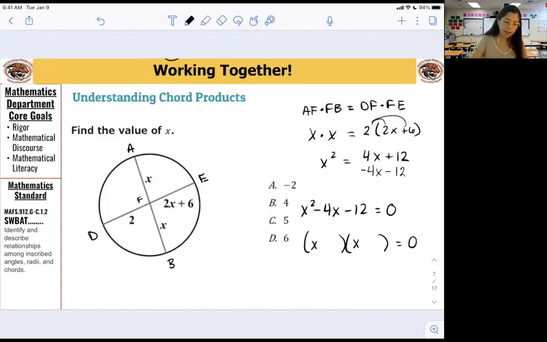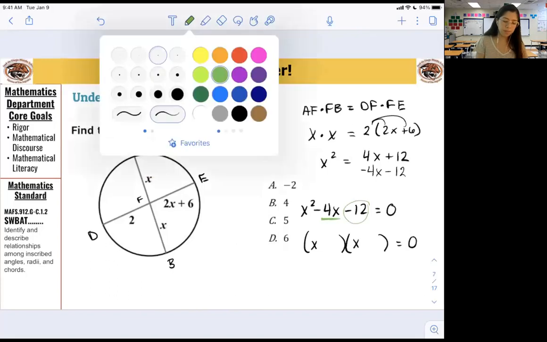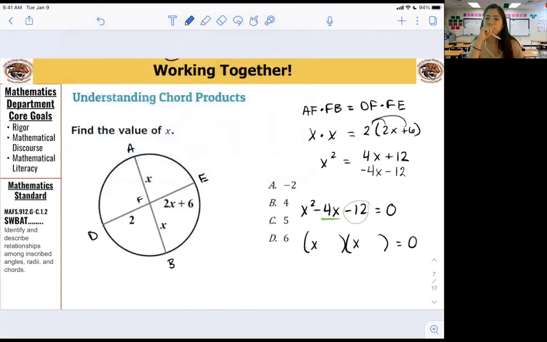Remember, they have to add up to -4 and multiply to make -12. What are my two magic numbers? What two numbers add up to -4 and multiply to make -12?